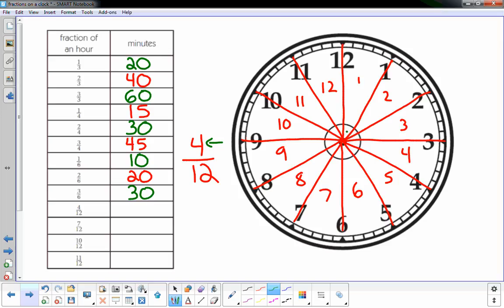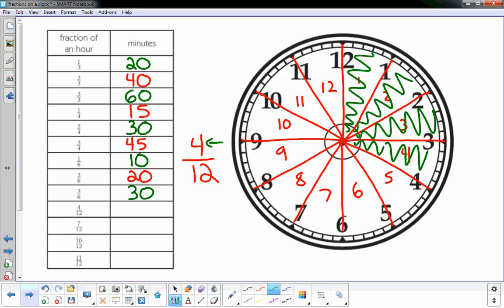So I'm going to look at these 4 sections, pie pieces of the face of the clock. How much time is that? Well, every little pie piece or section is worth 5 minutes, and I have 4 of them, so it's 20 minutes.